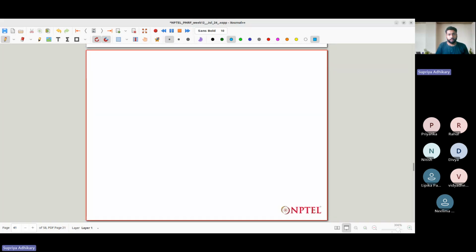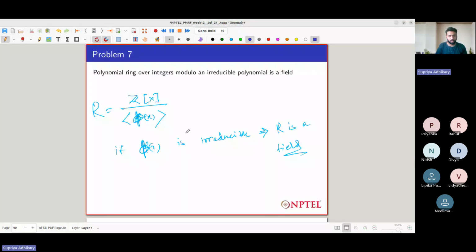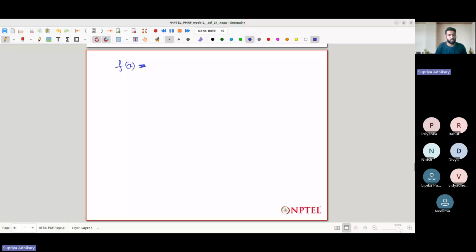Now, how do we prove that? Now consider a polynomial f(x). Now, we know that Z[x] is a polynomial ring, and in the polynomial ring Z[x], the Bezout identity and the Euclidean algorithm are all satisfied.